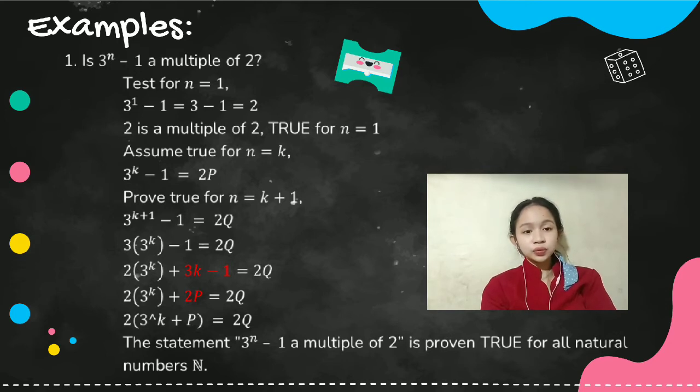Here, let's assume true for n equals k. So, 3 raised to k minus 1 is equal to 2p.